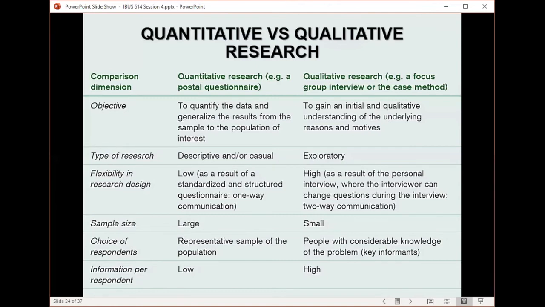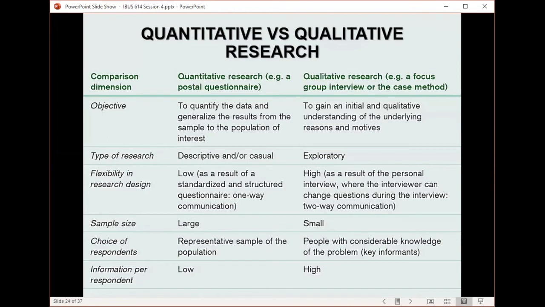When it comes to quantitative research, the main objective is to quantify the data and generalize the results from the sample that you collect the data from to a population. So for a company to get a sense of the Ghanaian consumer, they would sample, say, 1,000 or 2,000 out of the how many million consumers in Ghana to be able to try to get insights that they can generalize to the entire Ghanaian population to influence their strategy.